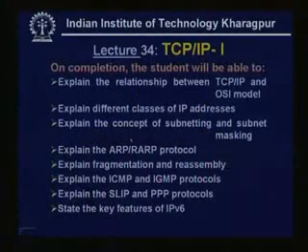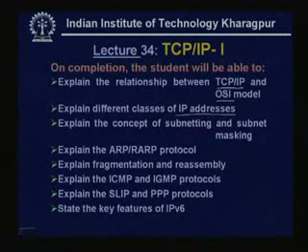On completion, the students will be able to explain the relationship between TCP/IP and the OSI model. They will be able to explain the different classes of IP addresses, and the concept of subnetting and subnet masking.